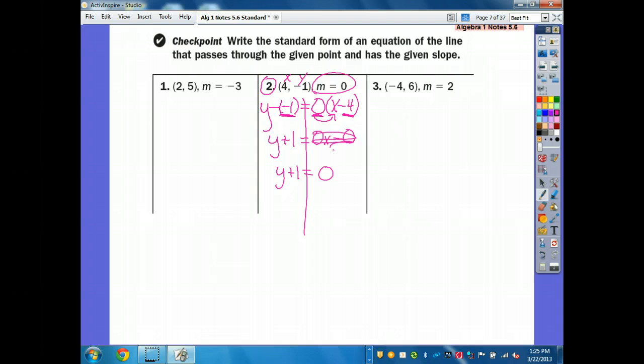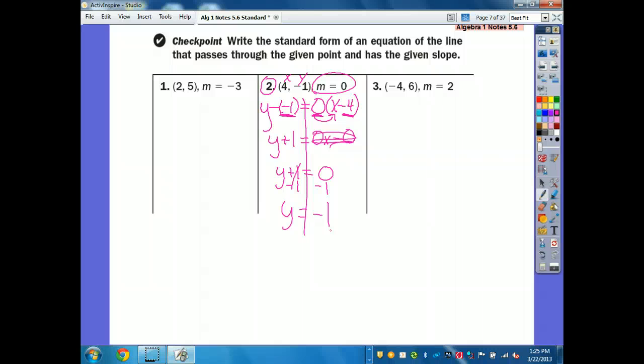Now I have to get it in y equals mx plus b form. What do I have to do? y equals -1. So y equals a -1. Show me with your arm, what kind of line does that make? Not a slanted one. It's either going to be a horizontal or a vertical.